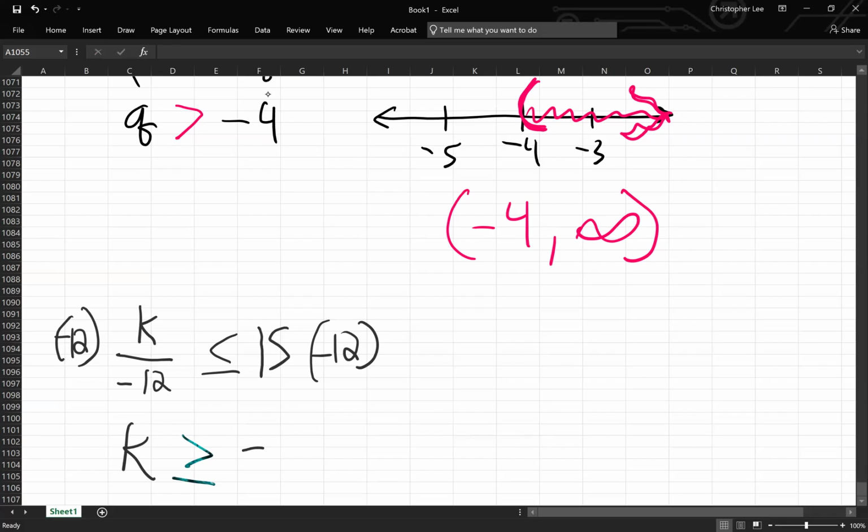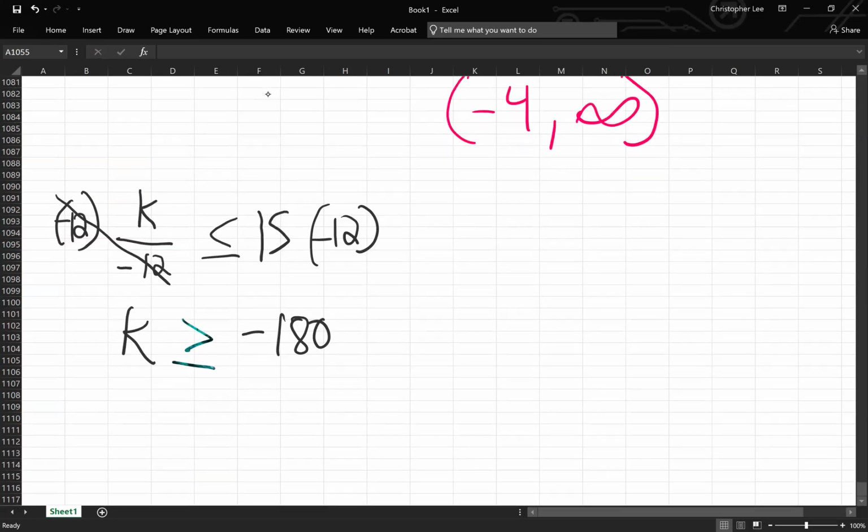Oh, these 12s cancel out. That's what you mean, right? And then on the other side, I have to do 15 times -12, which is going to give me a negative what? 180? Okay. I trust you. I'm not verifying it. I trust you. All right.